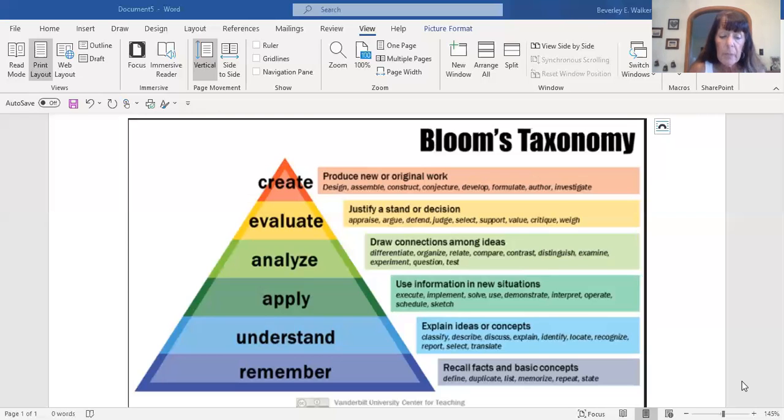So we just want to make sure that you make this connection that Bloom's taxonomy is important, because those words that are off to the side of each of those levels represent what we want students to learn, do, know, explain at the completion of the lesson.